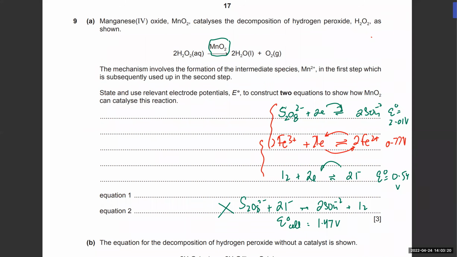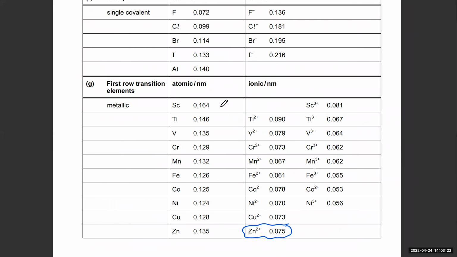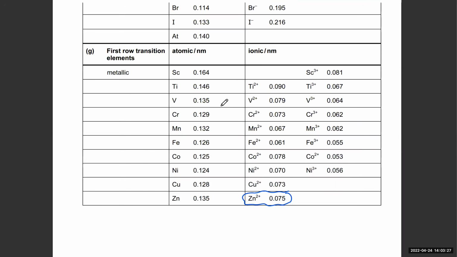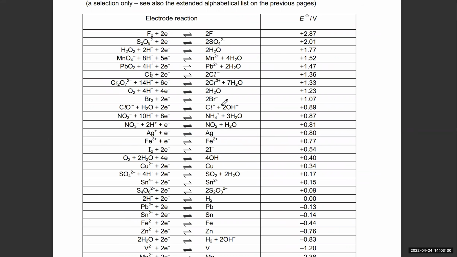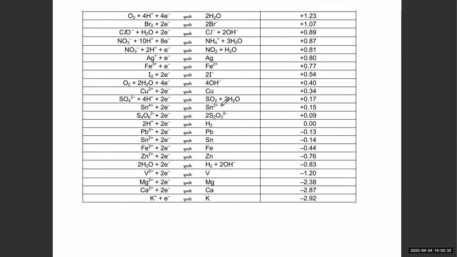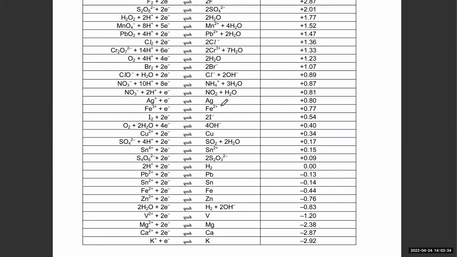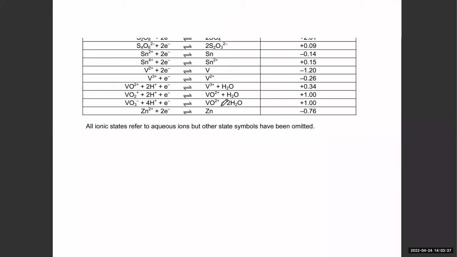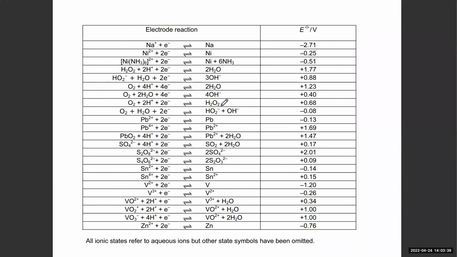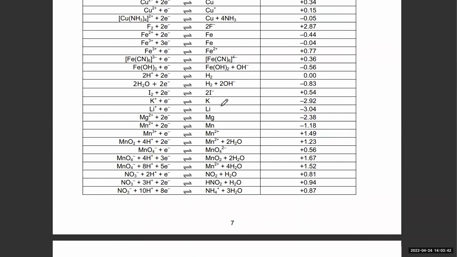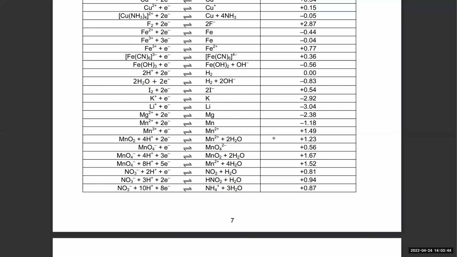If I have the data booklet with me, then I know where MnO2 and Mn2+ are. I have this equation, 1.23 volts. MnO2 turns into Mn2+.